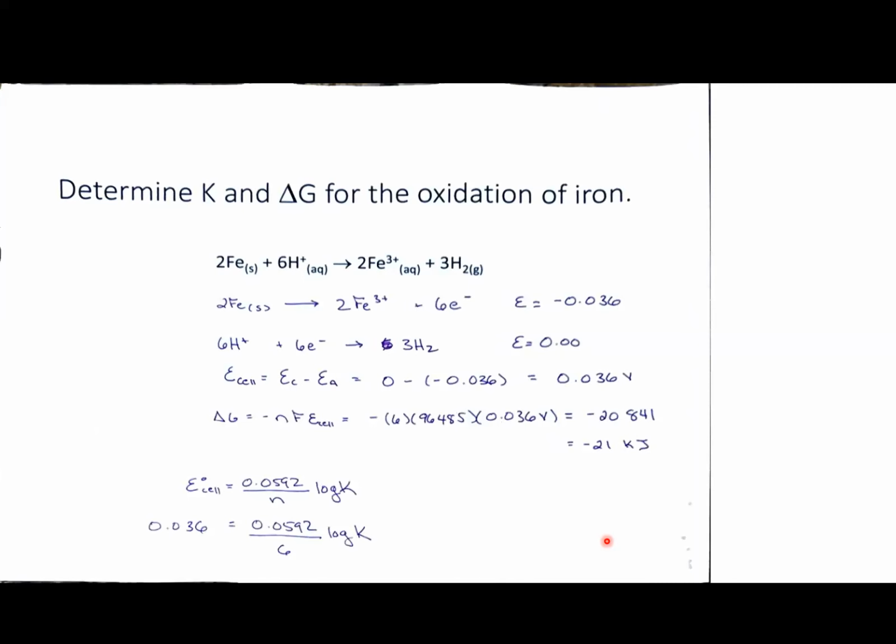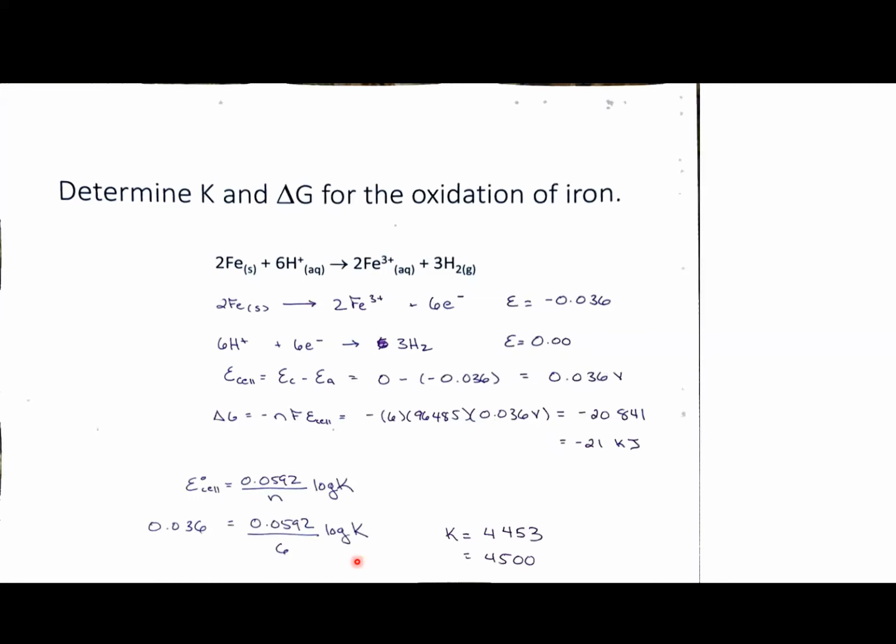Now let's get the K value for this. So if we know the Ecell value, which we just calculated, we just plug in the n and we can solve for K. So 0.036, here is our 0.0592 over 6. And then solving that, multiplying by 6, dividing by this, and then taking the antilog, we get 4453, which comes closer to 4500.